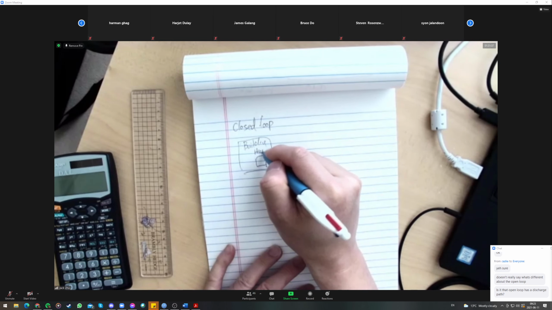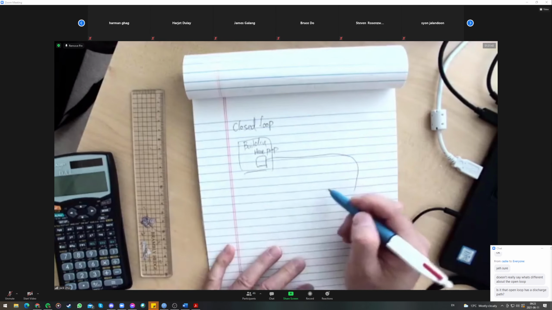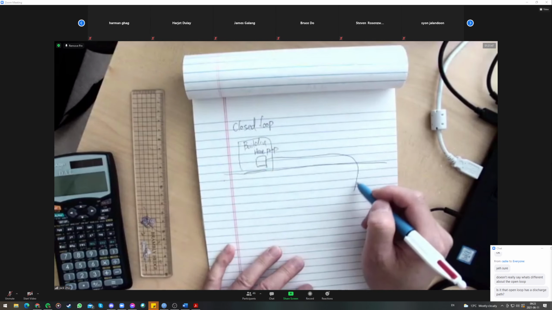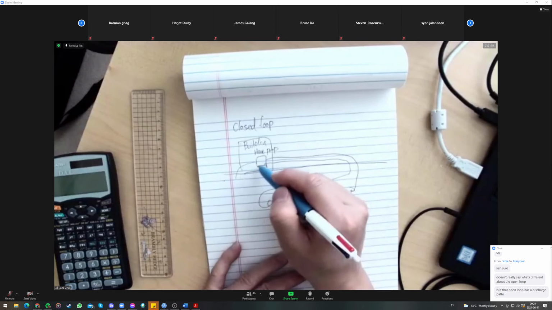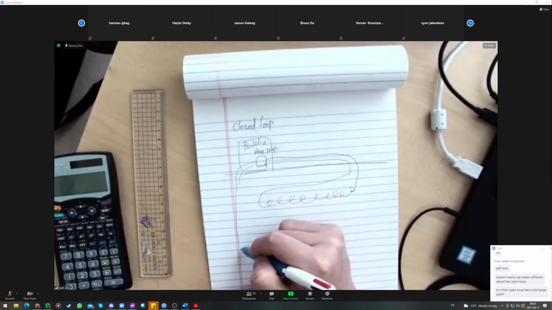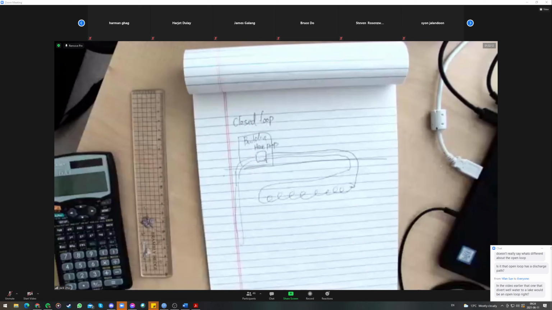You have those plastic pipes. The pipe is going to be buried underground, either horizontally, or you can have the pipe go down deep into the ground. So you have a complete piping system. That's the closed loop.